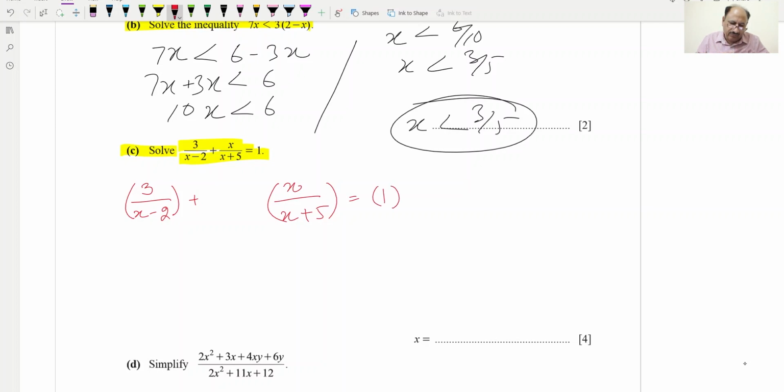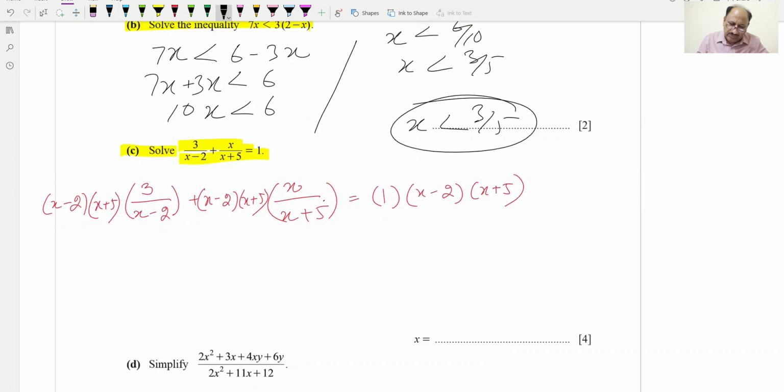Now to get rid of the denominators, we will multiply everything by these two denominators. So multiply by x minus 2 and x plus 5, and we will write here x minus 2 and x plus 5, and here x minus 2 and x plus 5, and that's all.